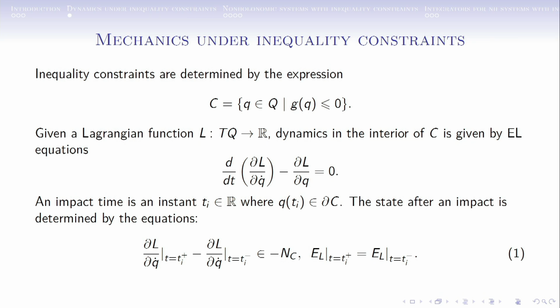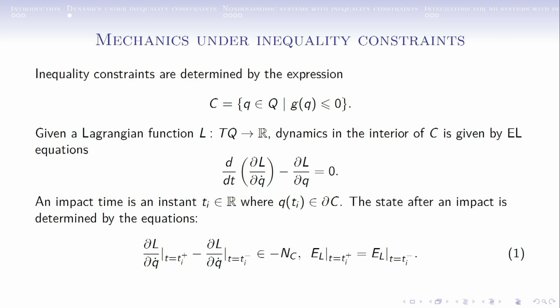The way that we'll use today is a generalization of a paper by Jerry Marsden, in which they deal with these kinds of impacts. The impact conditions give you energy conservation. That is the most basic one. Not all impacts conserve energy. These are elastic impacts. And the first condition tells you how momentum changes after the impact.